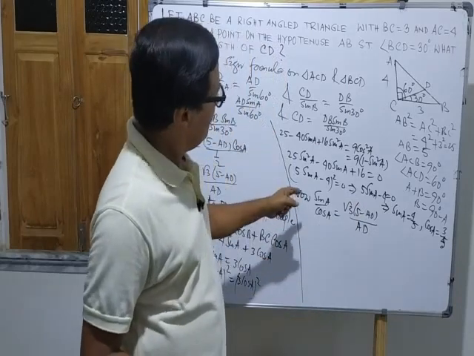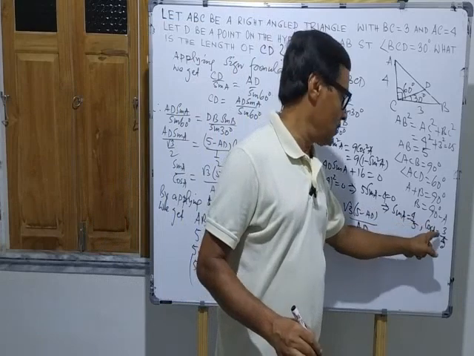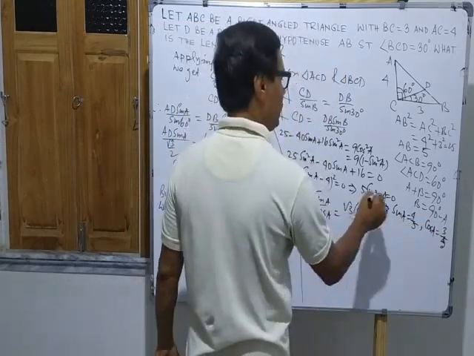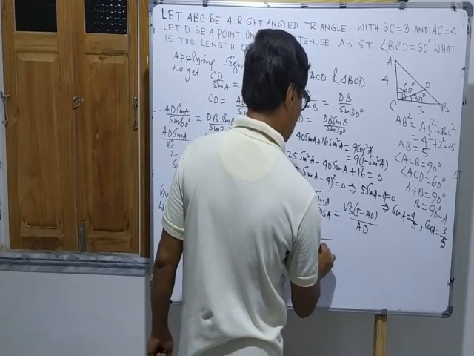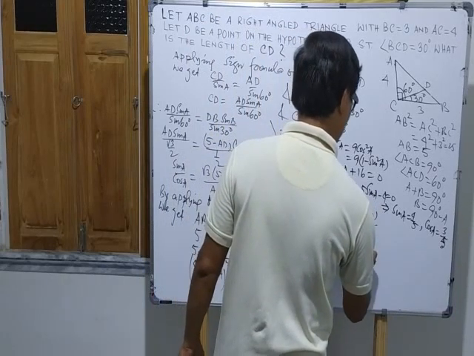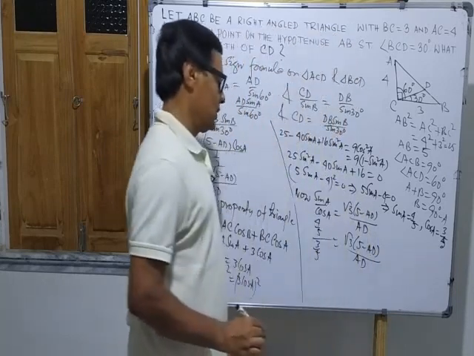But we have got the value of sin A and cos A. Sin A is 4 over 5 and cos A equal to 3 over 5. We can put these two values: 4 over 5 over 3 over 5 equal to root 3 into 5 minus AD over AD.